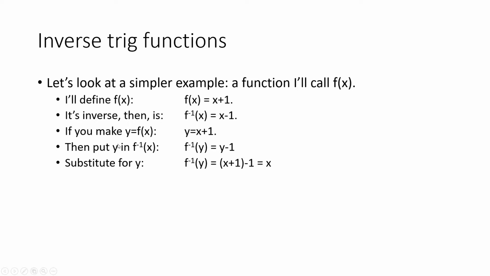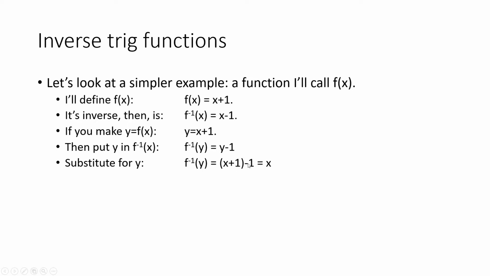And then if you put that output into the inverse function, f to the minus 1 of y gives us y minus 1, because it's just that formula with y substituted for x. So if you put the output of one function into the inverse function, what do you get? Well, in this case, f to the minus 1 of y is y minus 1, but y is x plus 1.